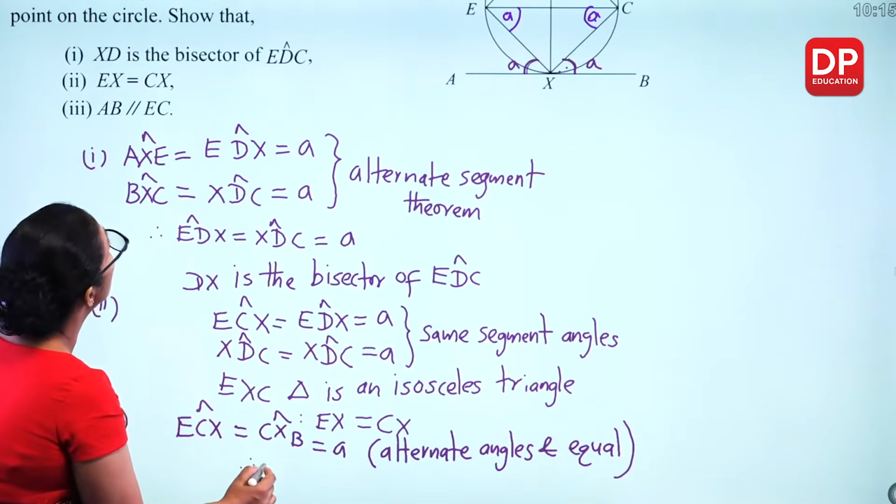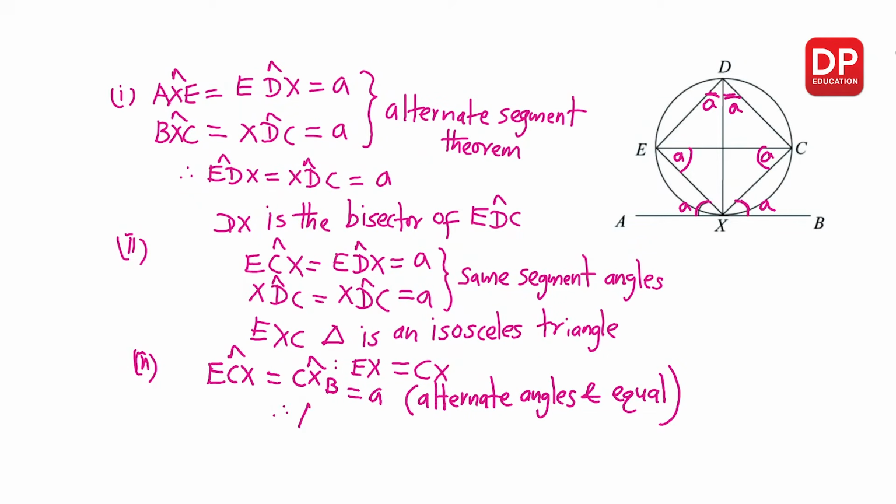So therefore, AB is parallel to EC, because alternate angles are equal means two lines are parallel.